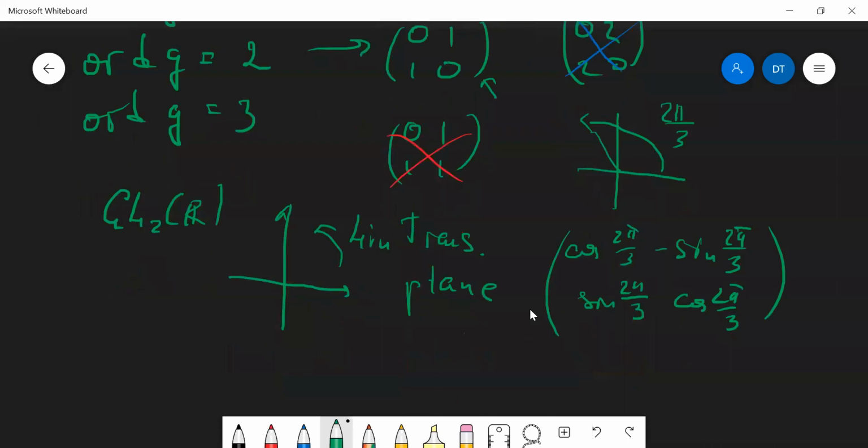But its third power will be rotation by the angle 2π, which is the same as the identity, doing nothing. So the third power is the first power making this matrix the identity. Is it clear? Do you have any questions about this example?